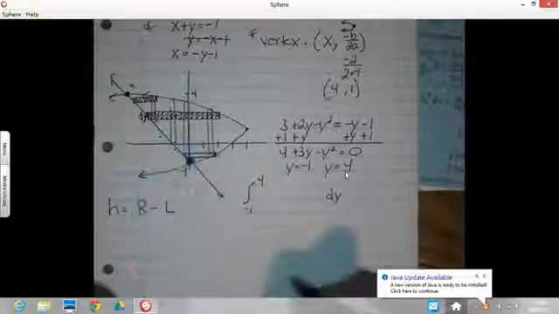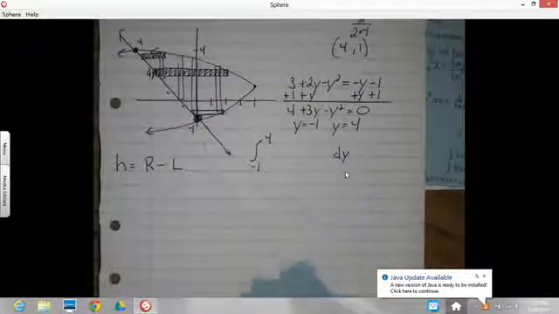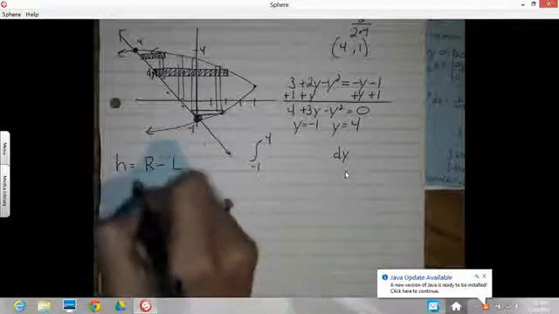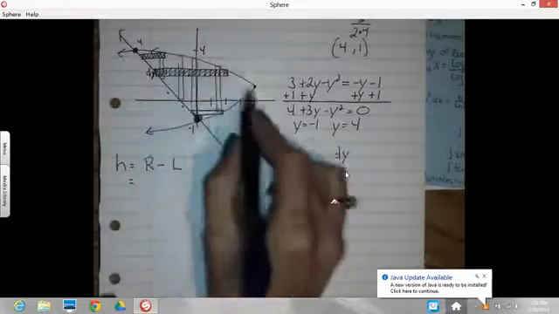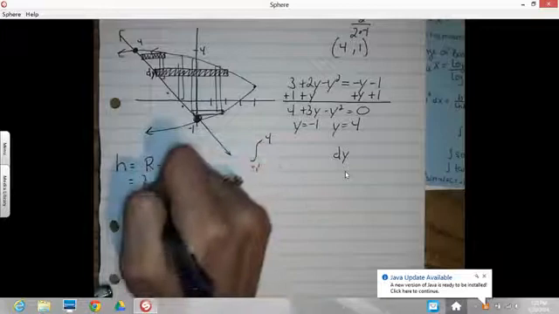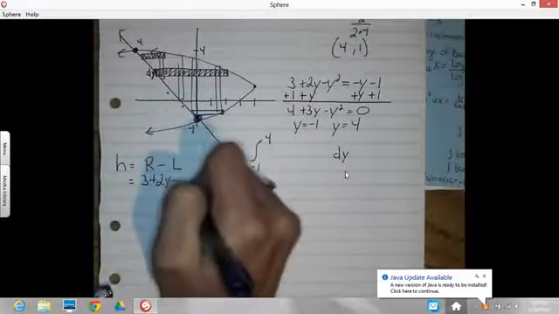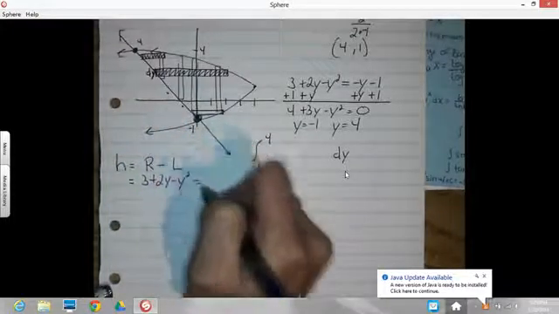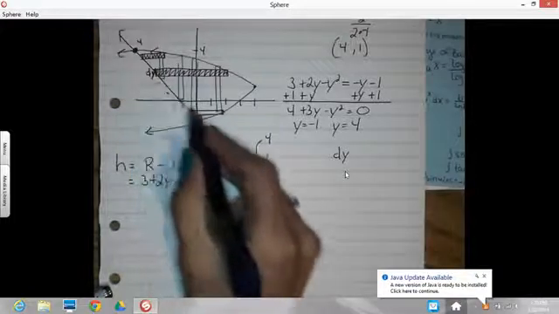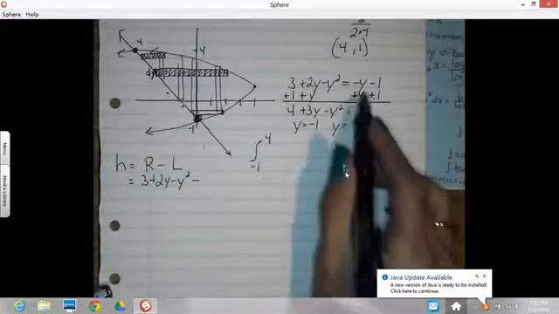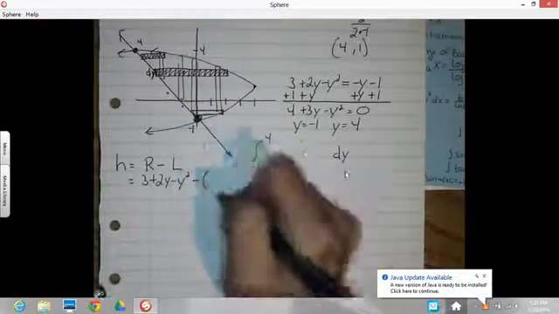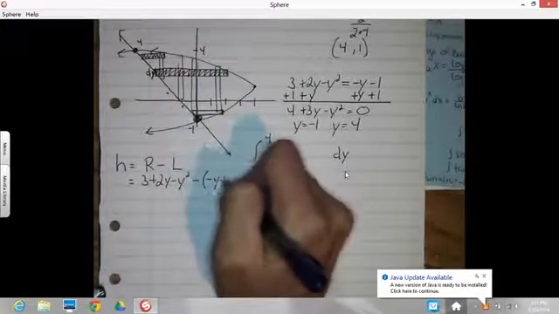So my right function is the parabola. So that's the 3 plus 2y minus y squared. Then I have to subtract the left function, and the left function is linear and it has two parts to it. It's negative y minus 1. So I do need to have parentheses here so that both parts of the linear function get subtracted.